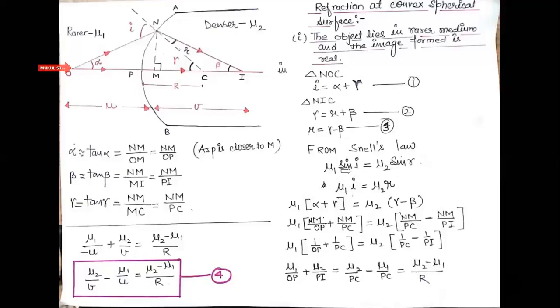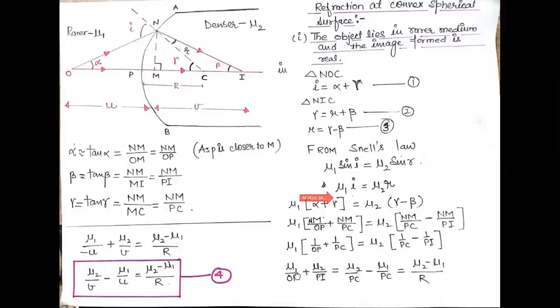As sin i is approximately equal to i, we replace sin i by i, and sin r is again approximately equal to r, so we replace it by small r. Once you put the value of i, that is alpha plus gamma, mu1 times (alpha plus gamma) equals mu2 times (gamma minus beta). Now we put the values of alpha, beta and gamma in this equation. You can calculate these values by yourself.